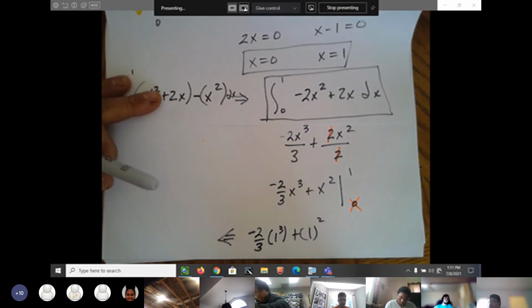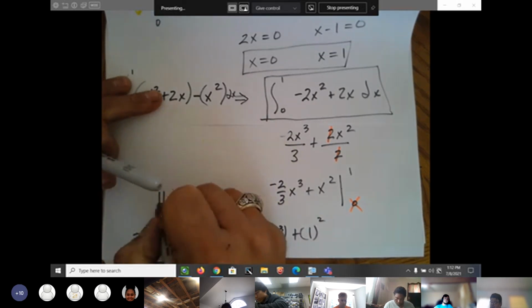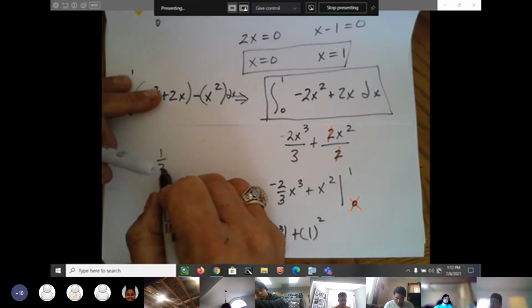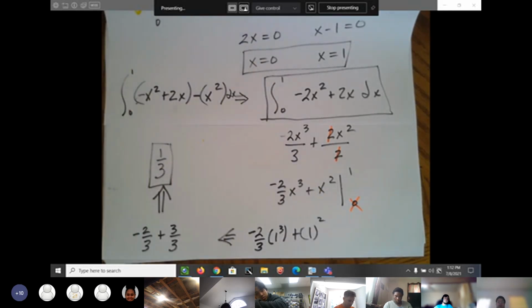Well, negative 2/3 times 1 is negative 2/3, plus 3/3. The area is 1/3.